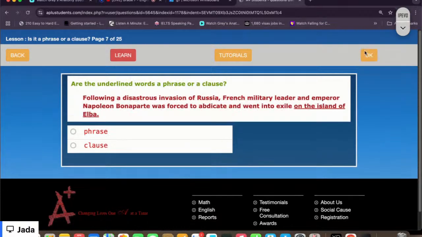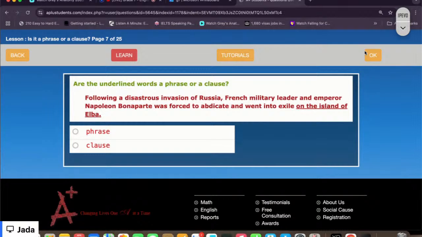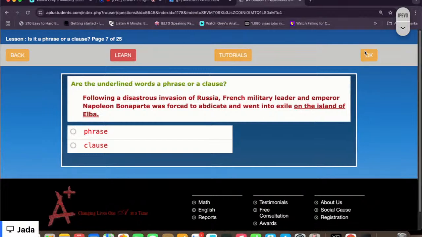Okay. So, "Following a disastrous invasion of Russia, French military leader and Emperor Napoleon Bonaparte was forced to abdicate and went into exile on the island of Elba." So, phrase or clause?